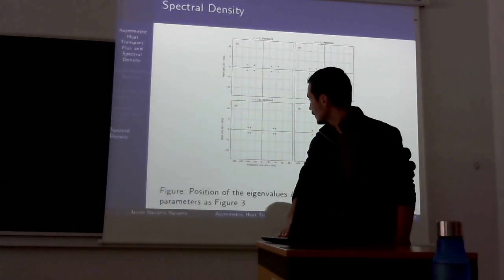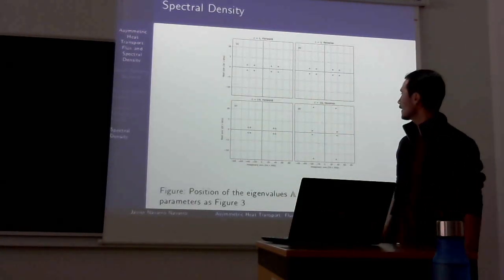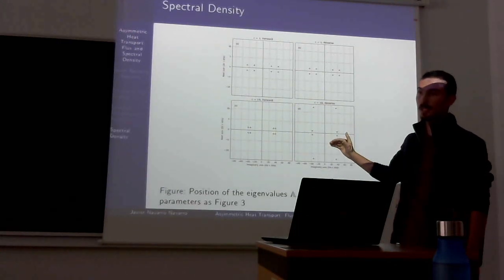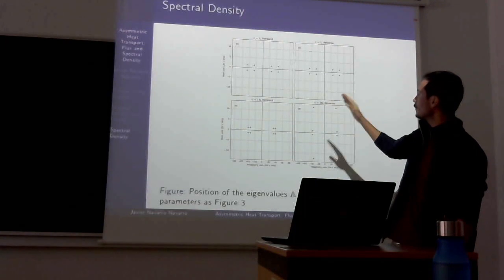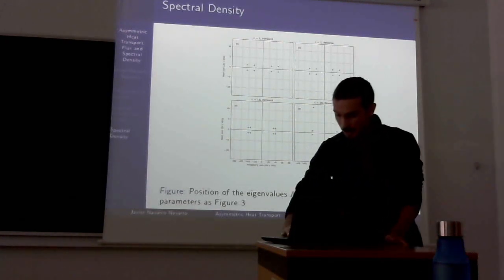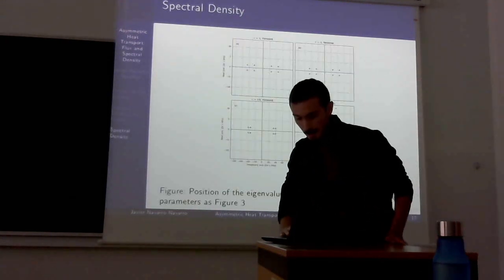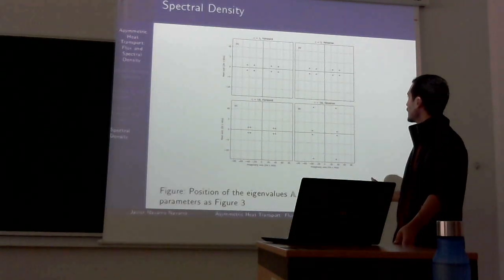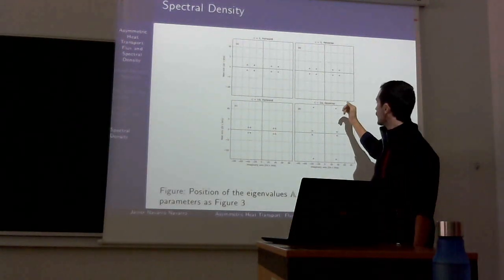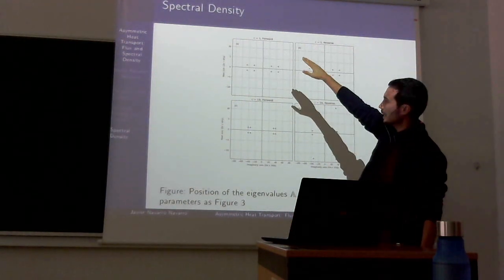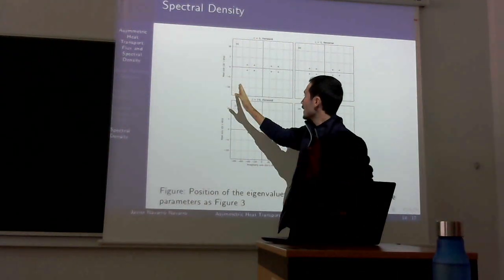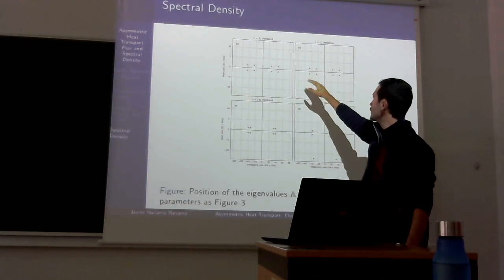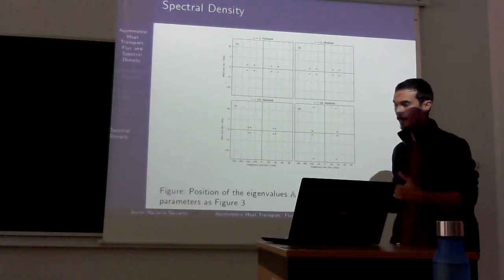So here I have plotted the poles of this dynamical matrix for different values of C. It's the same figure as this one. The real axis is in this axis, and the imaginary axis is in this axis.